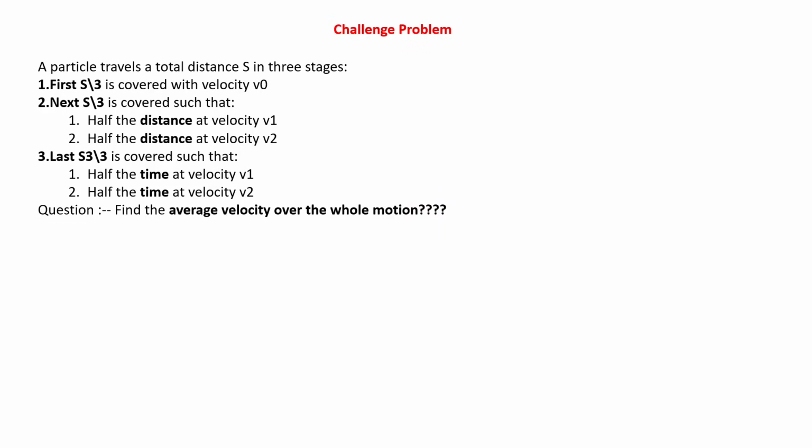So there are so many halves, and I want you to read the question carefully. The problem is very simple and will not take much of your time, but if you start the problem with a wrong concept, it will lead to a wrong answer. So again, my question is: find the average velocity over the entire motion.